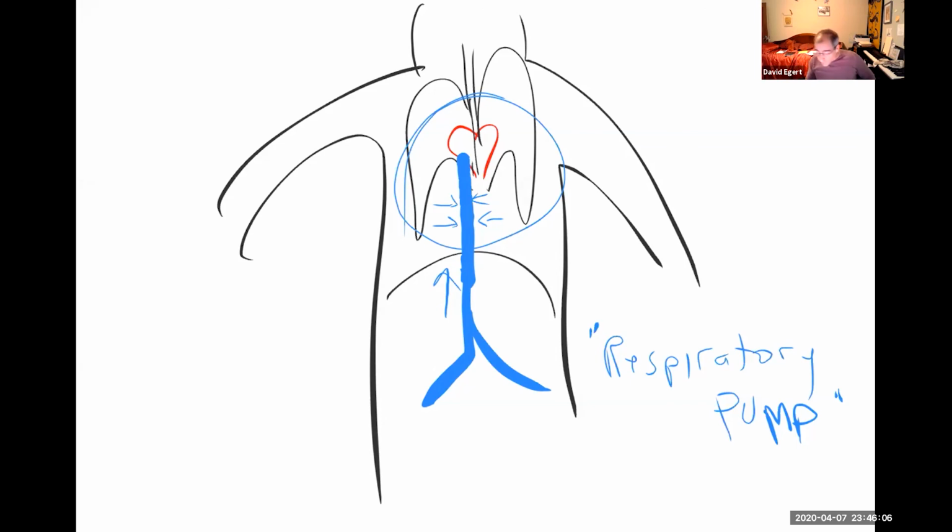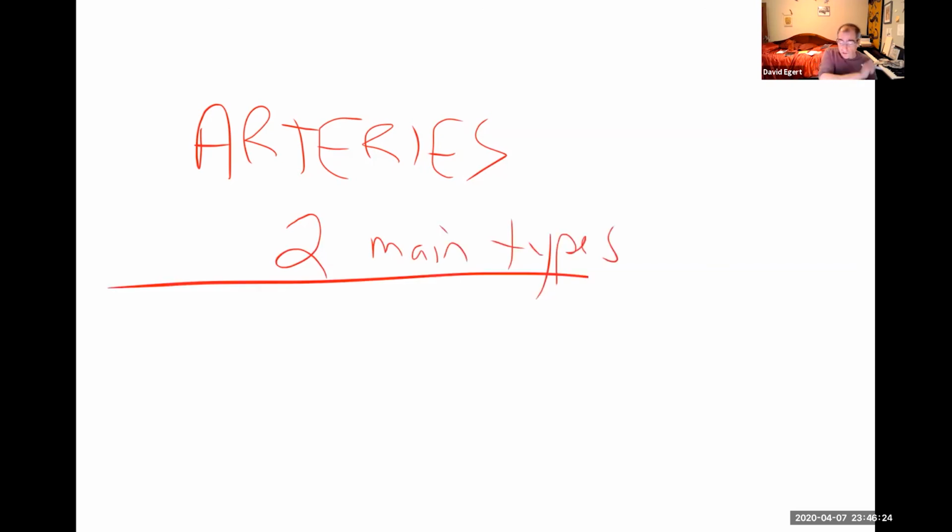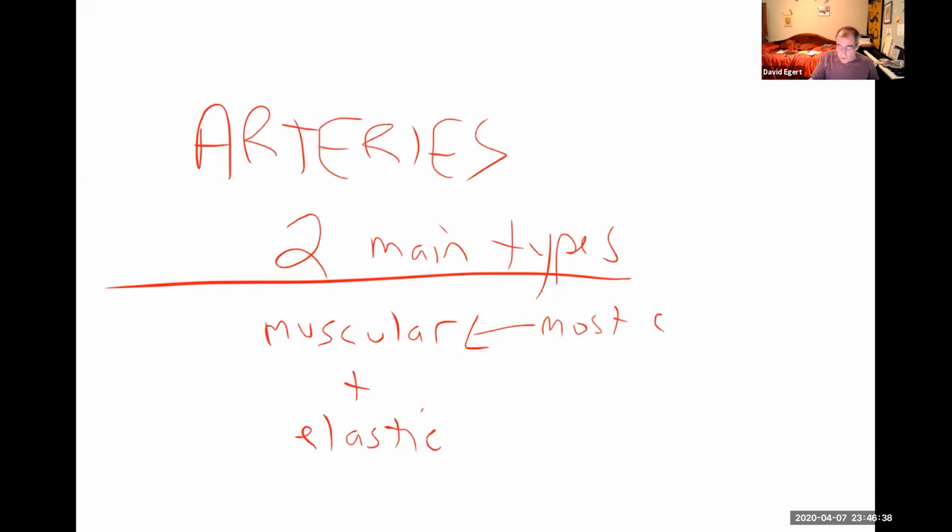So let's go back to arteries. Let's just say there are two main types. Most of the arteries, the tunica media is mainly smooth muscle.